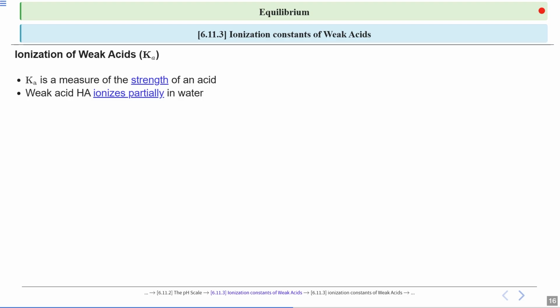If I consider a weak acid, then we know that this weak acid ionizes partially in water, and this value of K is relevant to weak acids only, because in the case of strong acids, we know that the ionization is complete. So we don't have an equilibrium situation; there is no undissociated and dissociated part.